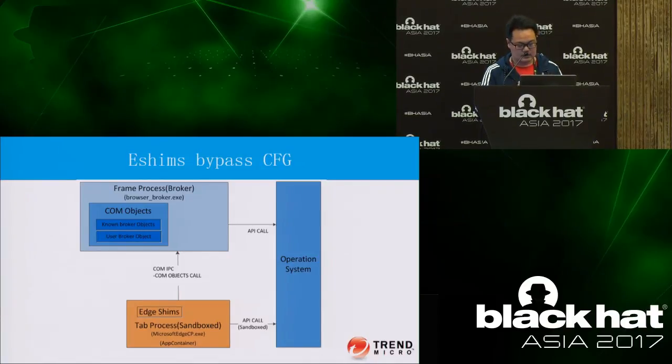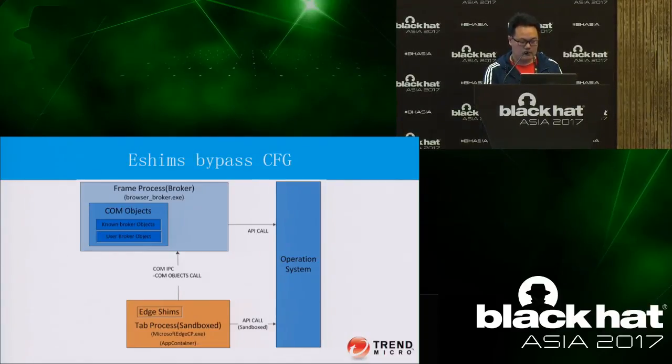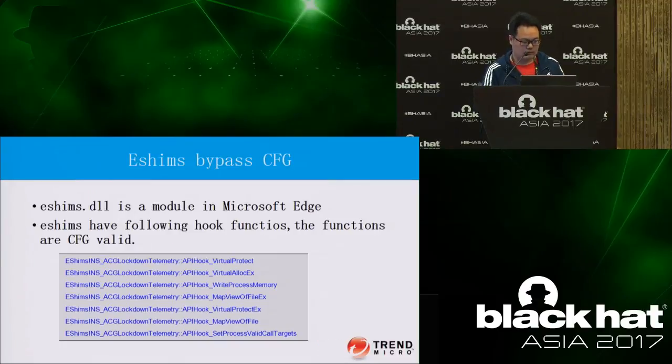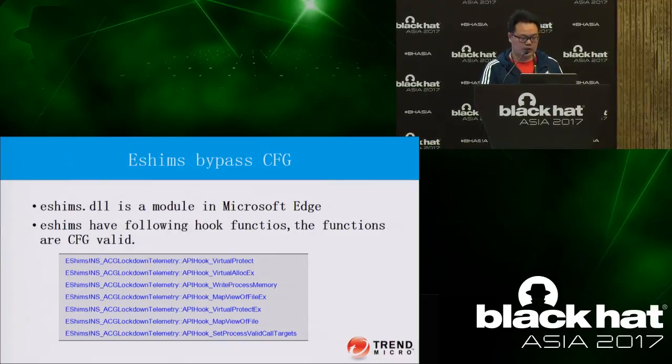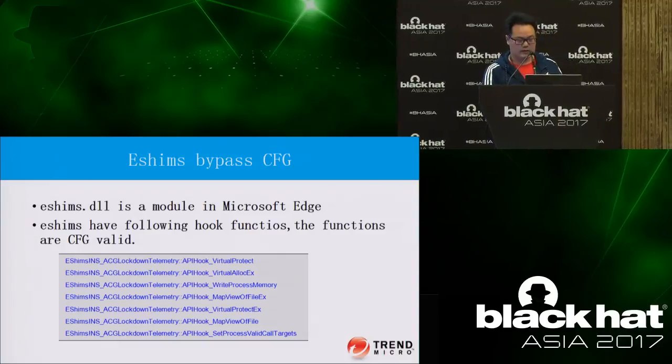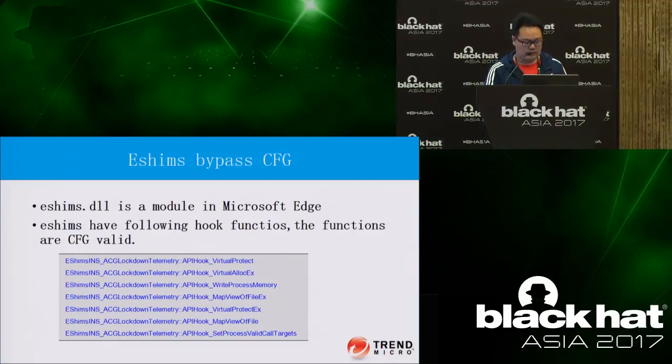In these hook functions, they can do some checks, and maybe they can translate the tab process call to the frame process. The ISMs have the following hooking functions. The following functions are all safety validated, like VirtualProtect, VirtualLock, and MapViewOfFile.